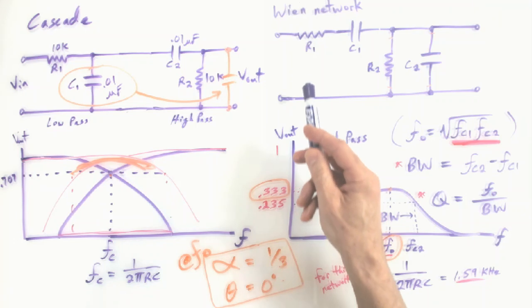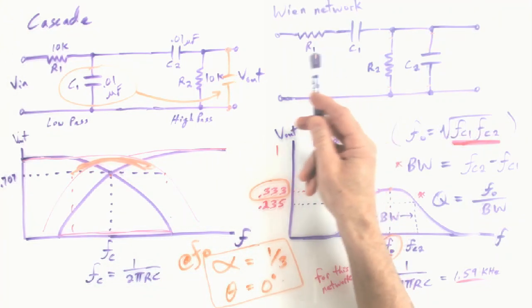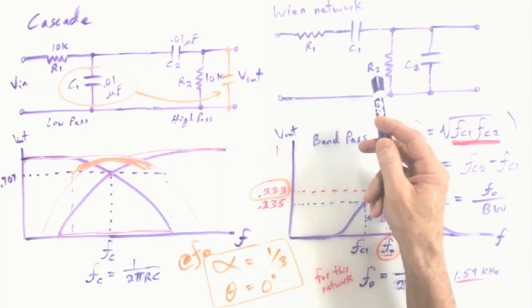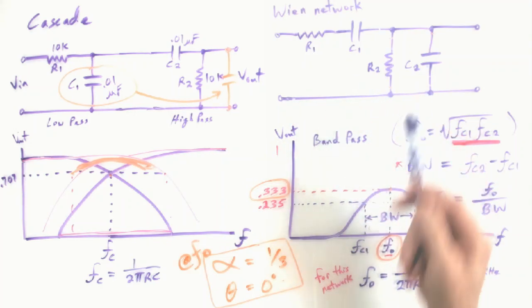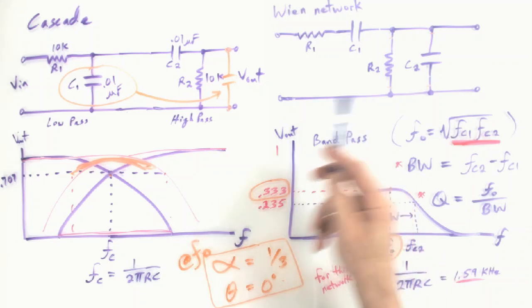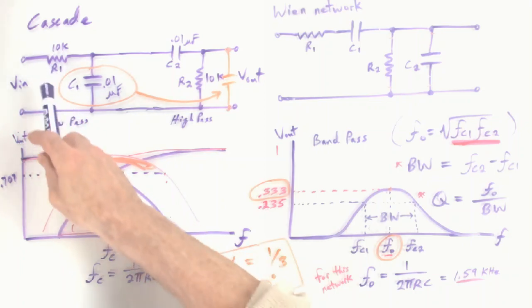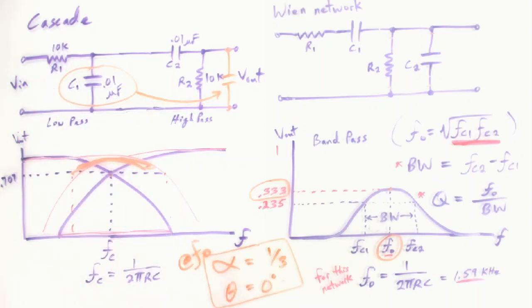One sidebar: when you look at drawings of the Wien network or Wien Bridge network that's being used for something, a lot of times they'll pair R1, C1. They'll pair these two components, and they'll pair the two parallel components, R2 and C2. It kind of breaks up this understanding that we developed when we looked at it as low pass and high pass cascading.